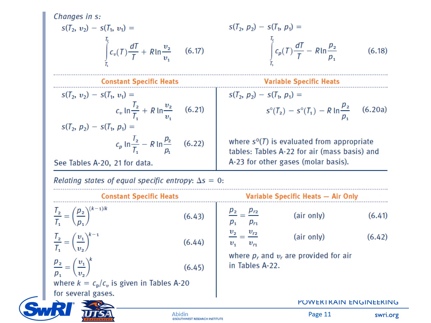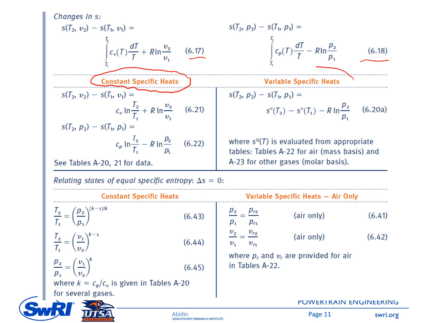And then the next one, to estimate the change in entropy, we have formula 6.17 or 6.18, and then to get this number, the change in entropy, we have two options. On the left side is in case the specific heats are constant.